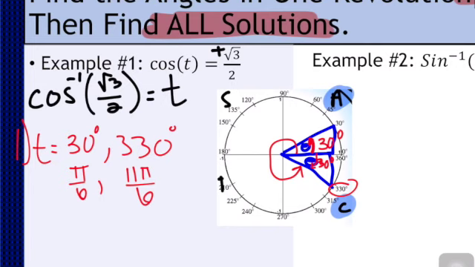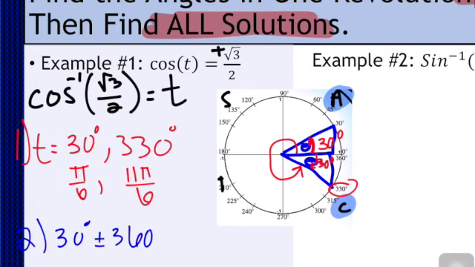Now, what about the second part? Now we've got to find where all the solutions are. The way we're going to do this, we're going to make this a little bit easier. I'm going to take 30 degrees, and that angle is going to repeat every 360 degrees.